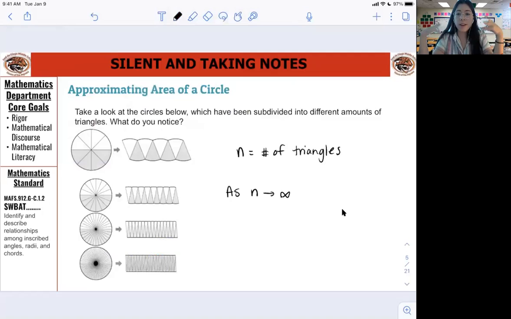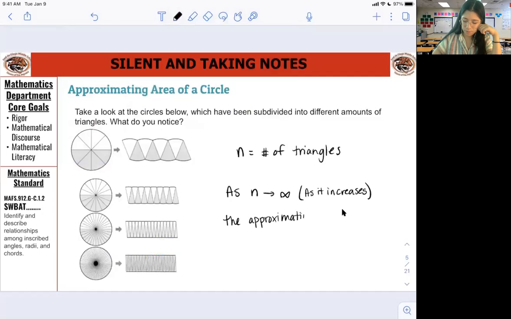If I'm a number and I'm getting closer and closer to infinity, I'm getting bigger and bigger. So as n approaches infinity, as it increases, the approximation is going to get closer and closer to, what's the area of a circle? Pi r squared. So as n gets closer to infinity, the approximation gets closer to pi r squared.